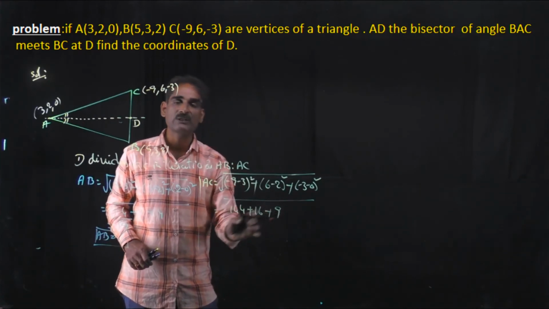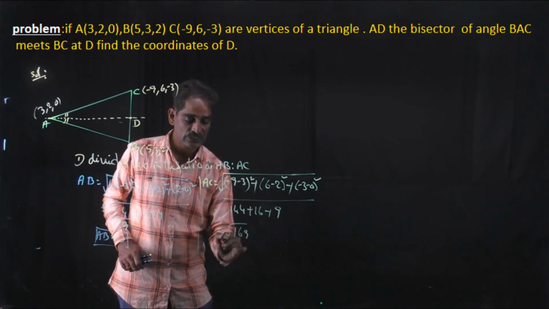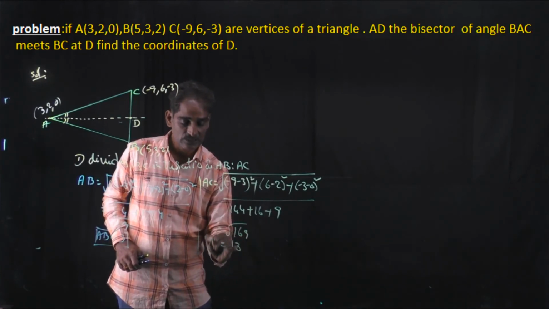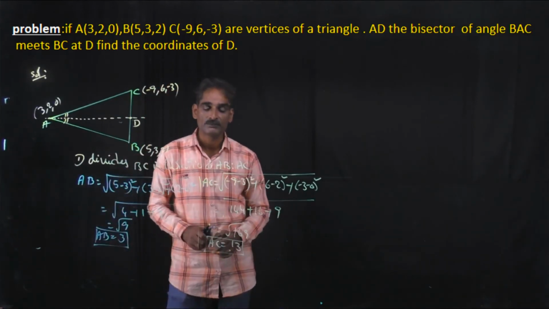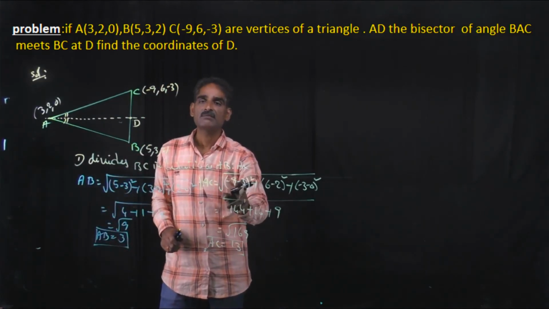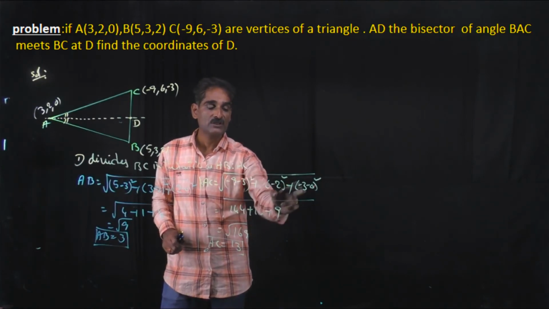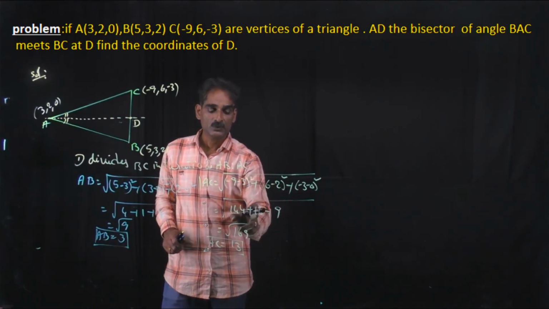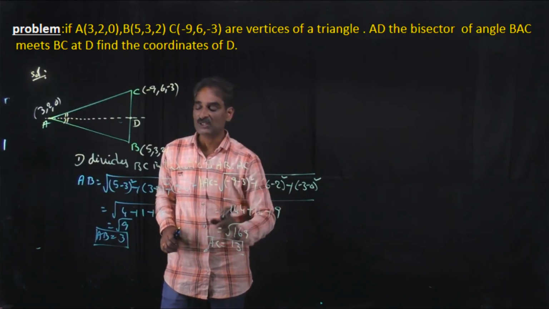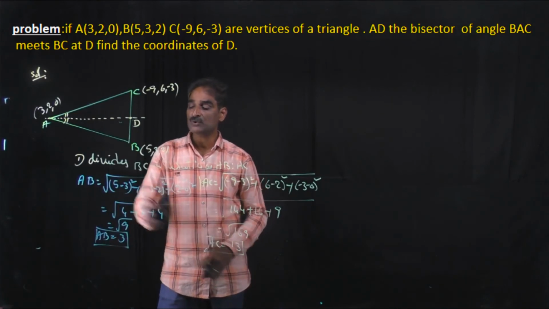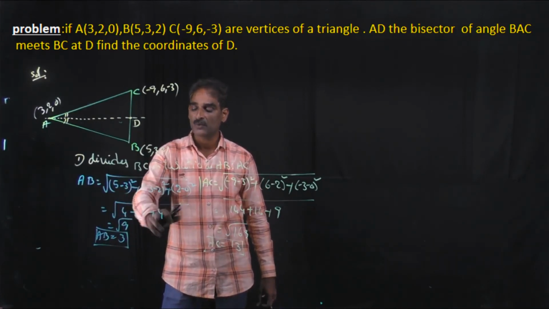So 144 plus 16, 160 plus 9, 169, that is equal to 13. The length of AC is equal to 13. And AB is equal to 3 units.